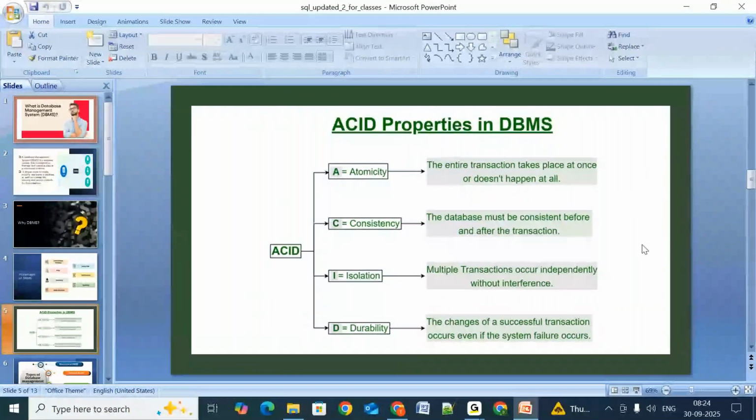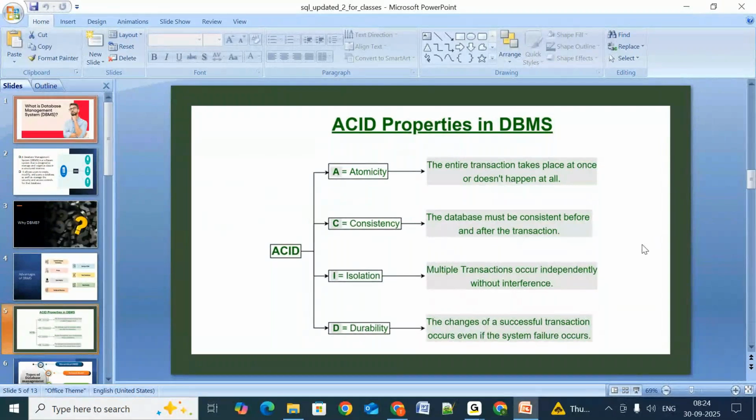It's a basic one. Now let us try to understand what ACID properties are. A stands for atomicity, C stands for consistency, I stands for isolation, D stands for durability. These four words we need to understand.